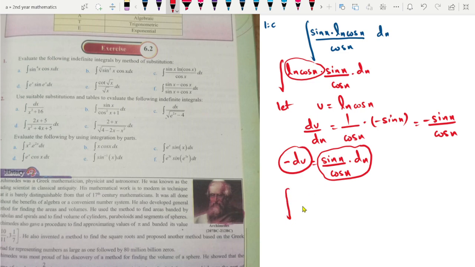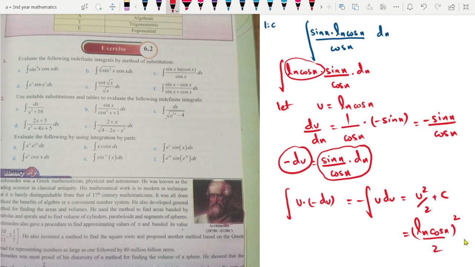So this will become u times minus du, which is minus u du, and this is equal to u square divided by 2 plus c. Simply put the value of u, which is natural log of cos of x whole square divided by 2 plus c. This is our answer.